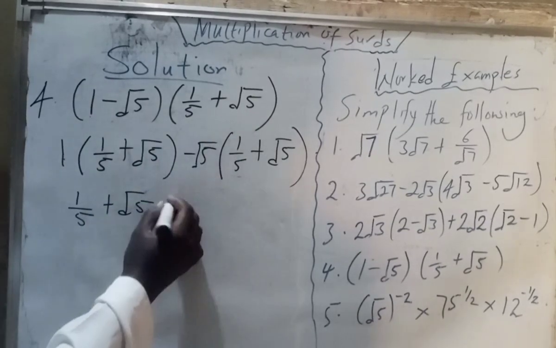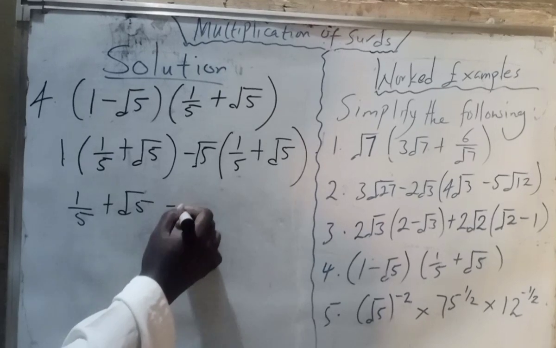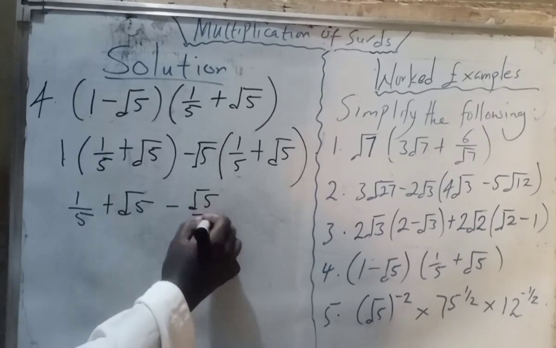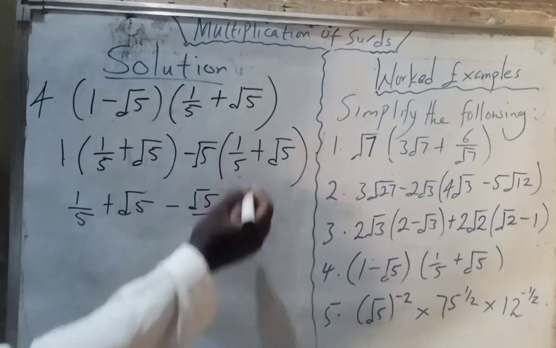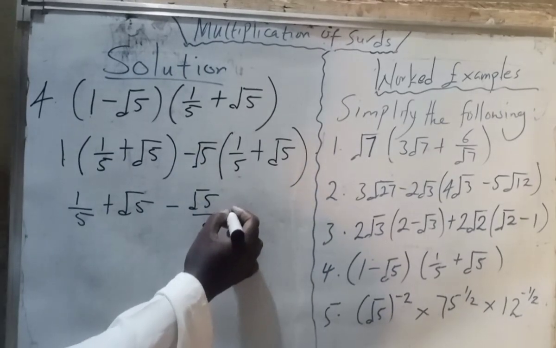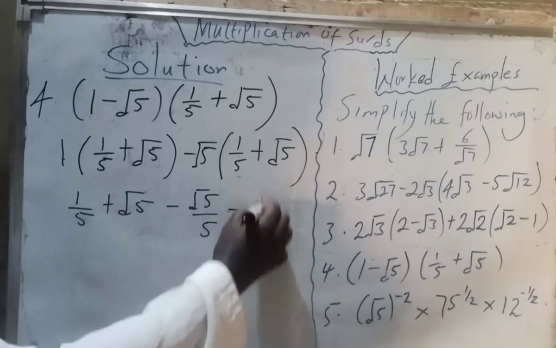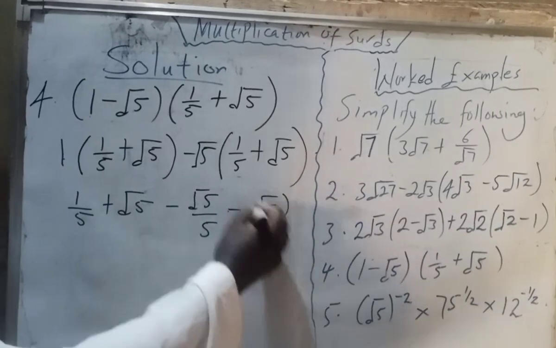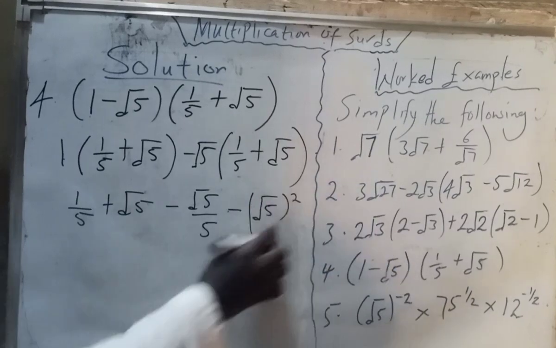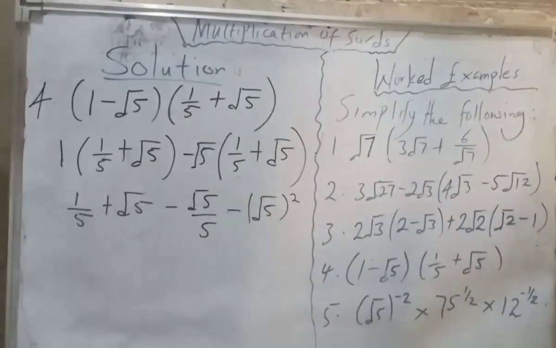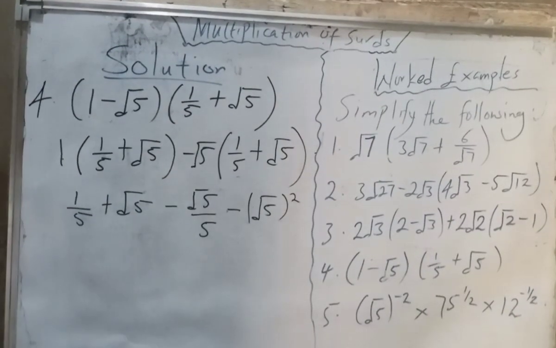And this by this, you have minus root 5 over 5. When you multiply root 5 by root 5, that will give us root 5 squared. So let's do the necessary simplification.